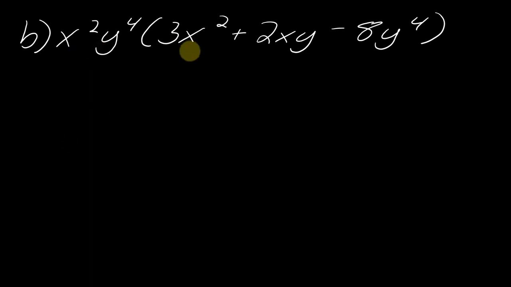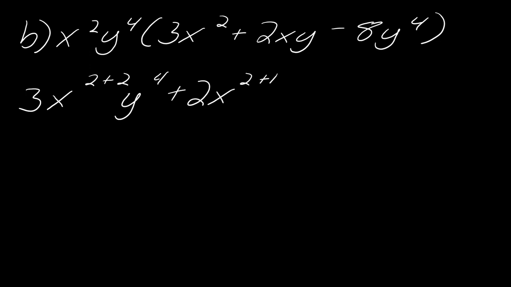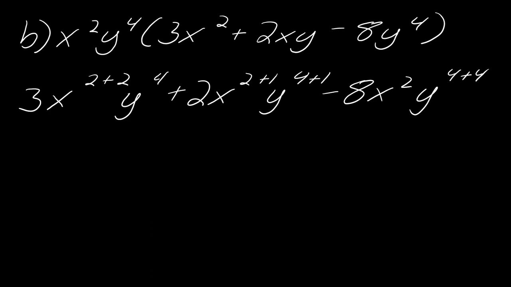As I distribute, once again I want to be nice and clear here. This will be 3x, so I'm going to add the exponents, and then I'll have this y to the 4th. Then I'm going to have 2x, and I'm going to add the exponents again, so you can see what I'm doing. And then finally, I'll have this x squared, and then this y to the 4th plus the 4th. Here's the mechanics of what's going on in this problem.